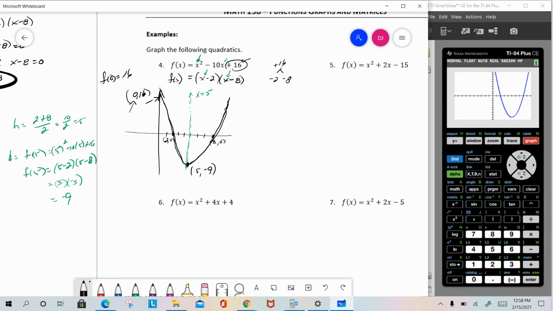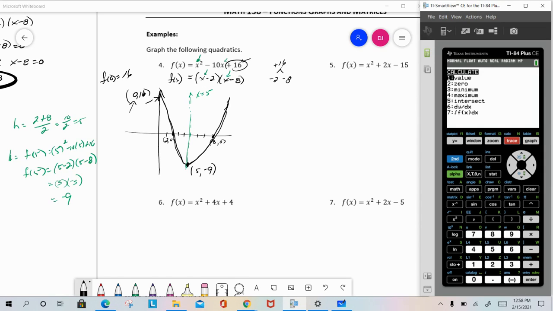Okay, if I want to find those things on the graphing calculator after I graphed it, I could go to second, calc. And number 2, I can ask it to find a zero, but notice it's going to say left bound, so I need to make sure my cursor is somewhere to the left of the 2, which it is.